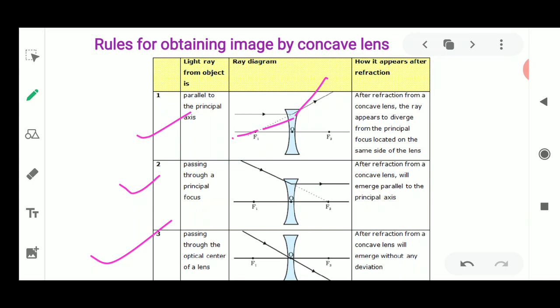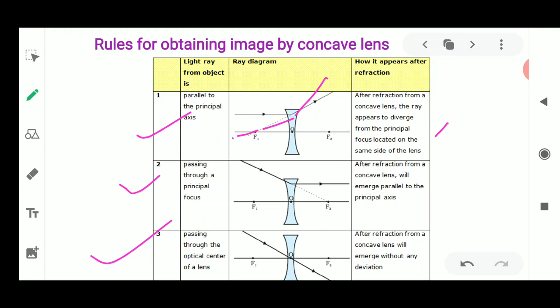So what does this rule say? This rule simply says that whenever a ray of light parallel to the principal axis falls on a concave lens, it appears to meet at the focus on the same side of the lens. So it appears to pass through the focus in the case of the concave lens.